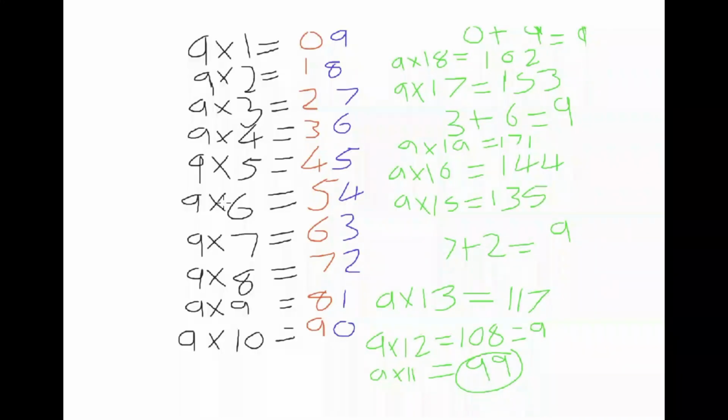Now, the other thing is you can easily get your answers for the 9 times table by simply looking at the number just below the one being multiplied by 9, then subtracting that number from 9 to get the other number to your right. I know this may sound complicated, but let's try this.